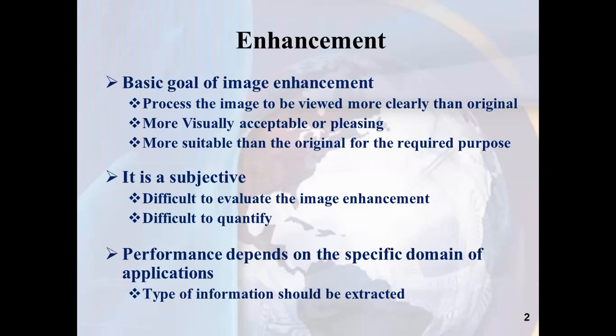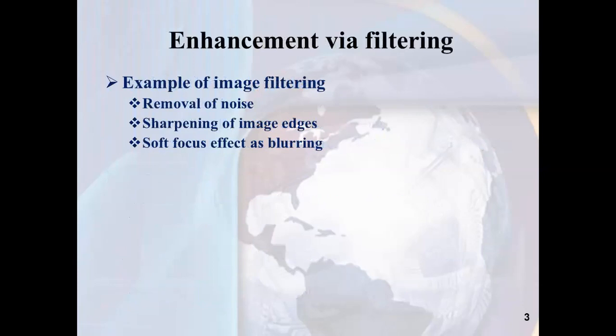And the performance depends on the specific domain of application. As we said, each domain of application has its specific requirements and a different type of information that should be extracted.